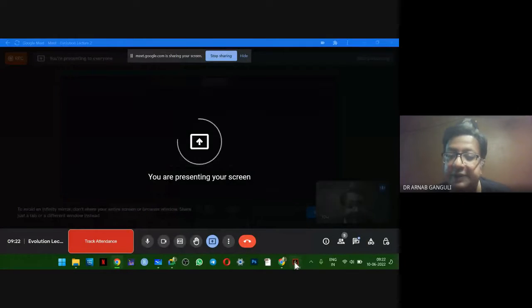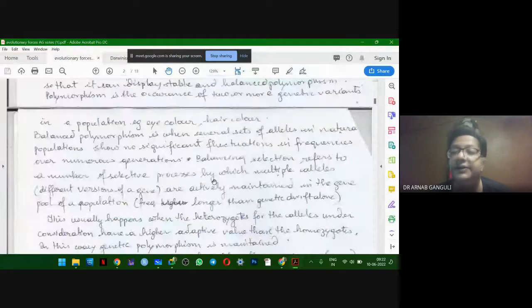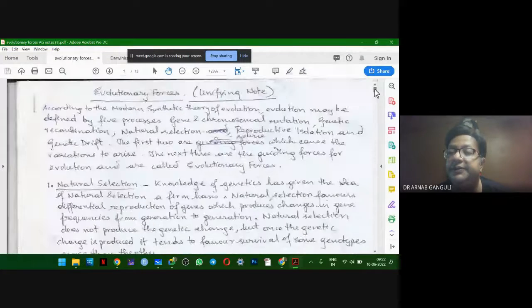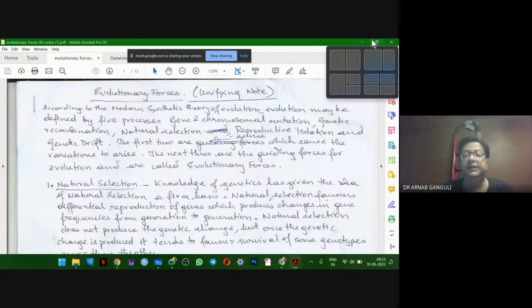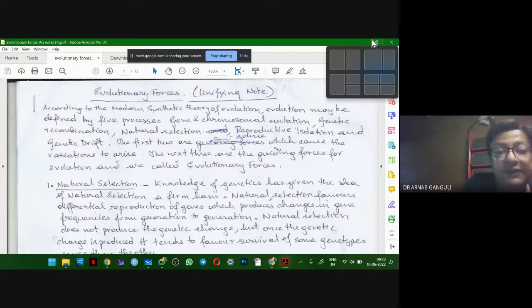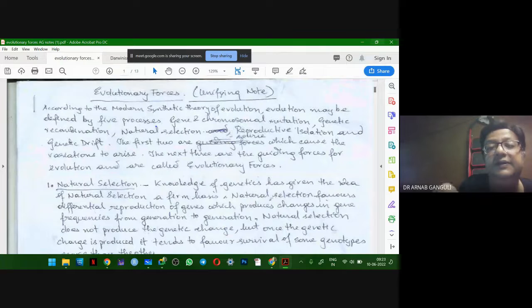We will go into the details later, but here I have written modern synthetic theory of evolution. It is defined by 5 processes.